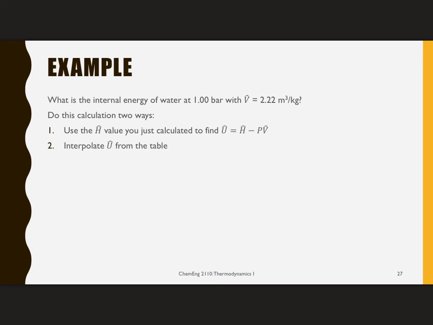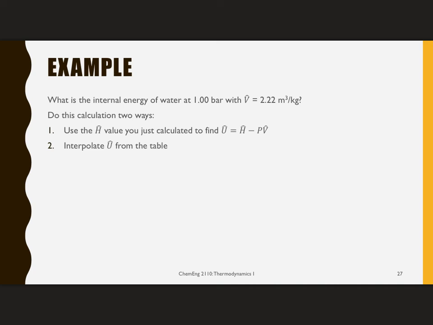In this final example, we want to calculate the internal energy of water at 1 bar when the volume is 2.22 cubic meters per kilogram. But I want to do the calculation 2 ways. Really, I'm doing it 2 ways just to make the point that the definition of H equal to U plus PV is correct.